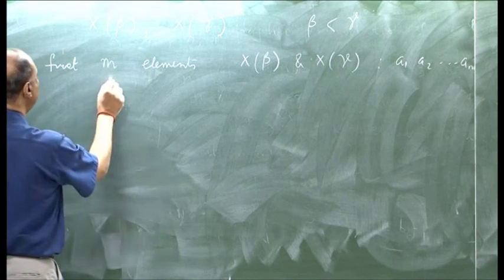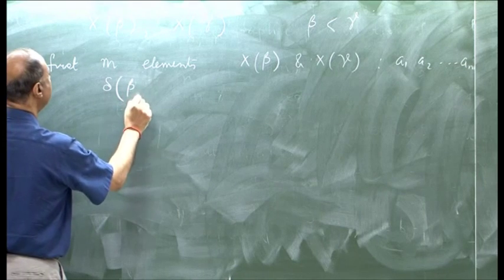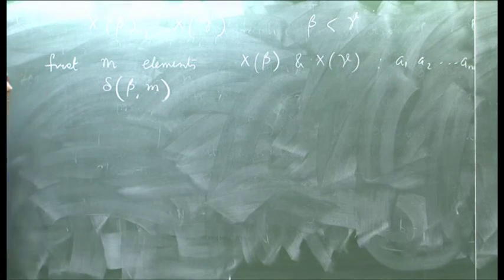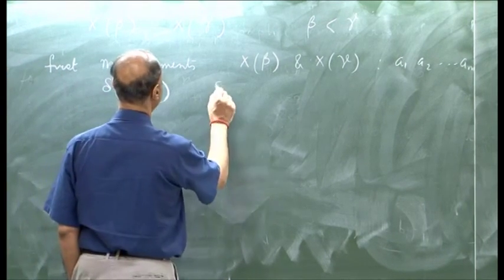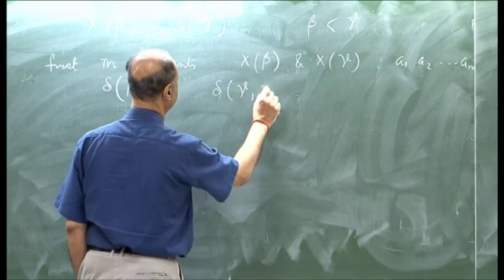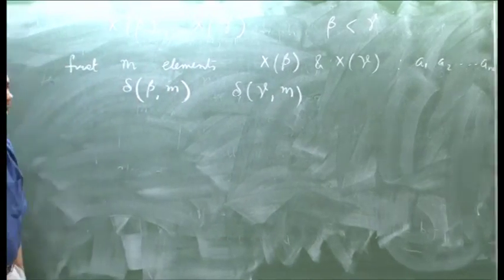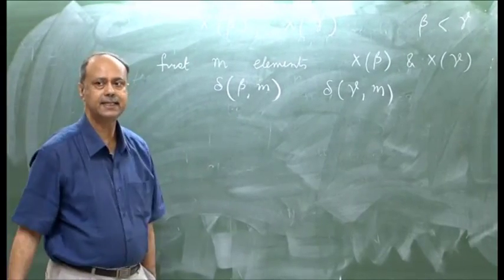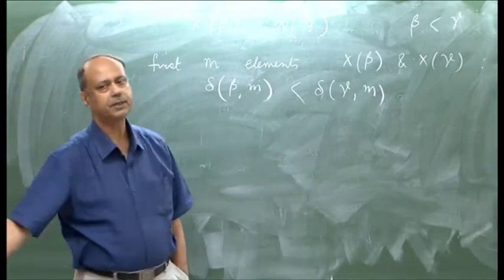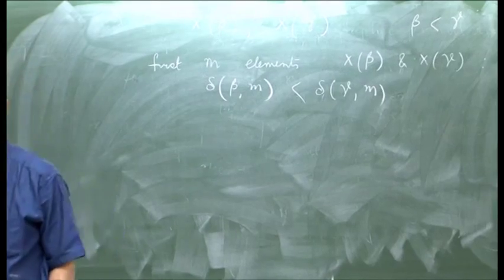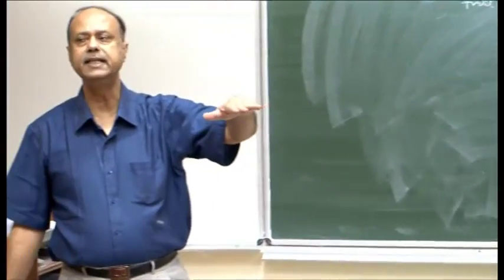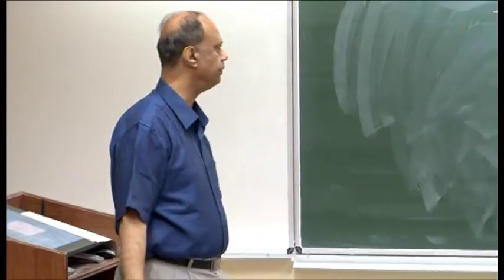Now, we have also defined delta beta m, which is the index of x beta within that group. And also we have defined delta gamma, this is known. And since beta is less than gamma, it obeys the property of this also. Right? Because this is just an index, so it obeys the property of this.